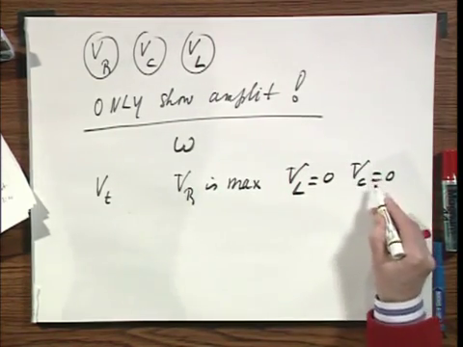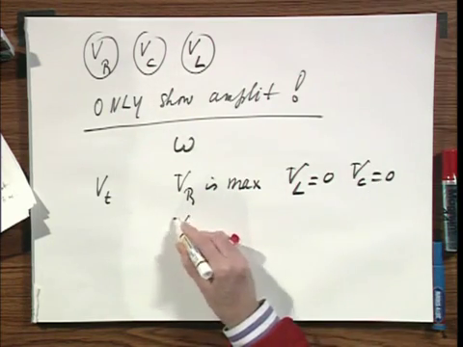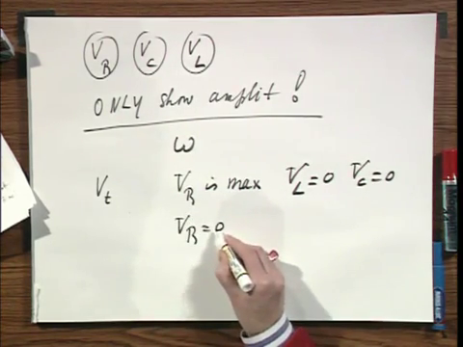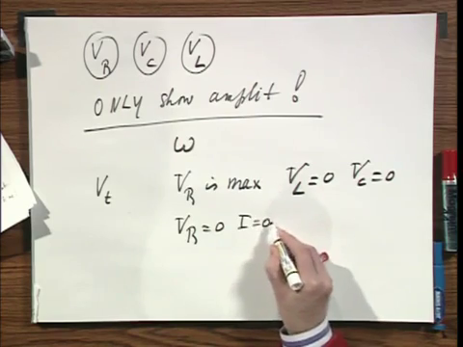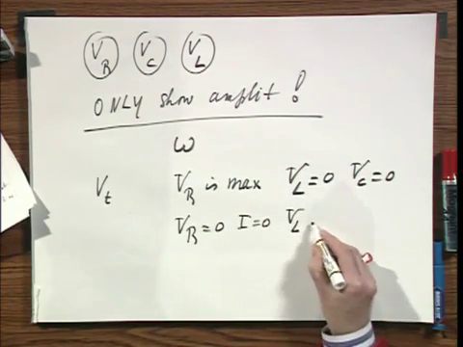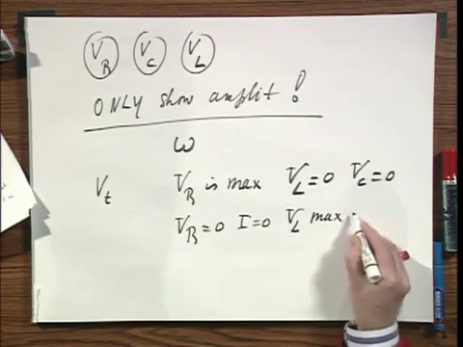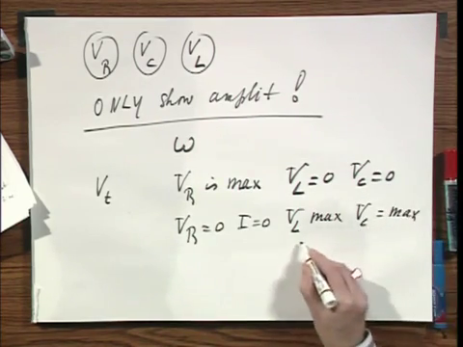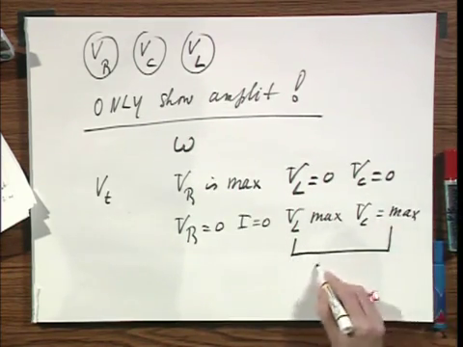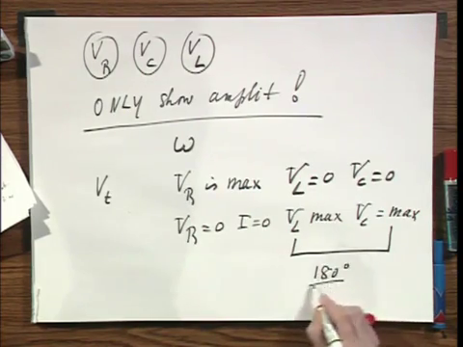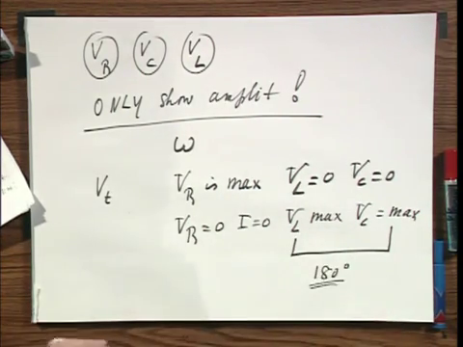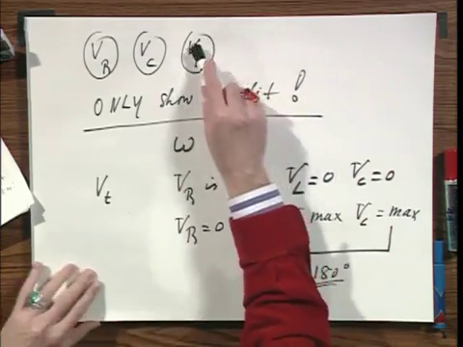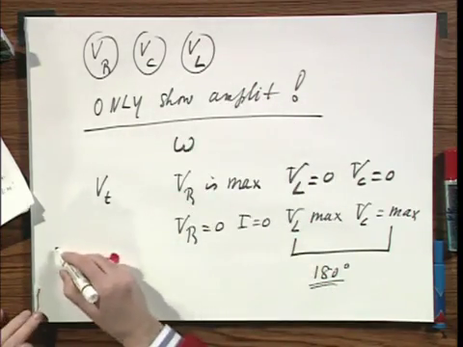And when VR were 0, that means when I is 0, VL would read a maximum value, and so would VC, even though these two would be 180 degrees out of phase. All that is lost here. These voltmeters are designed in such a way that all they record are amplitudes.